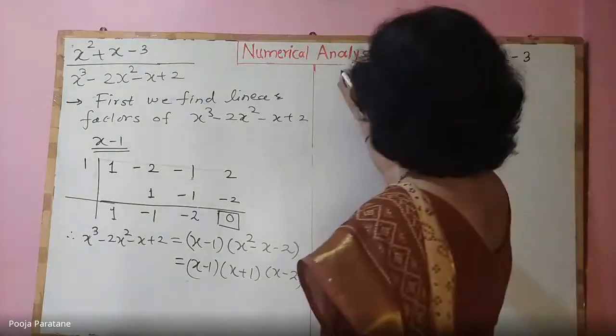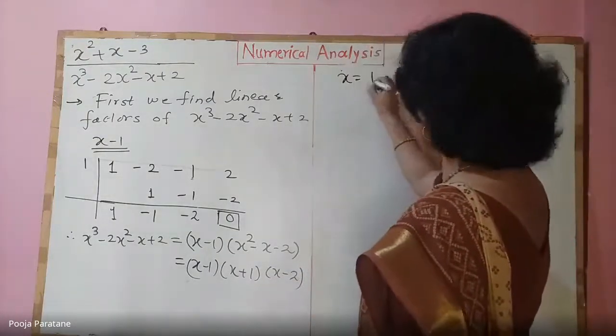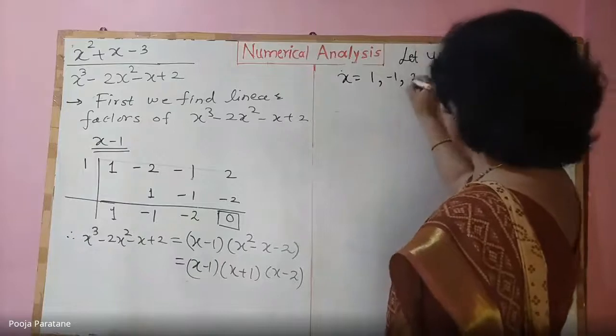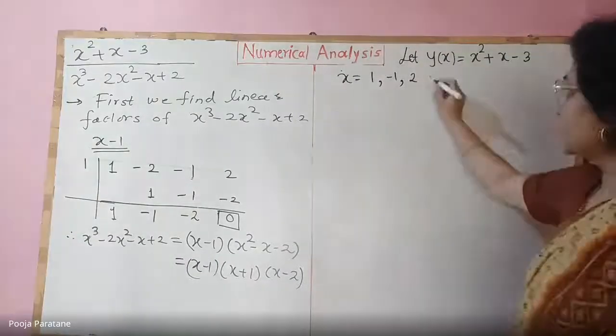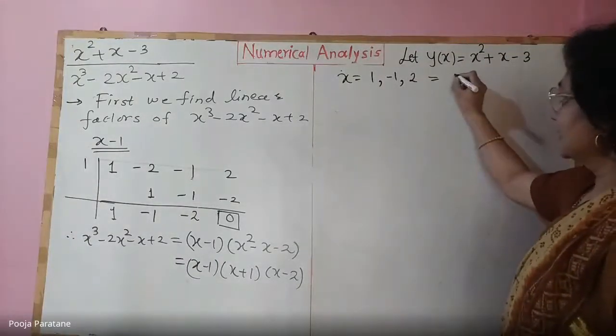So x is equal to 1, minus 1, 2. You can write it in any order, that is not an issue, but better we write it in increasing order. So, make a table.